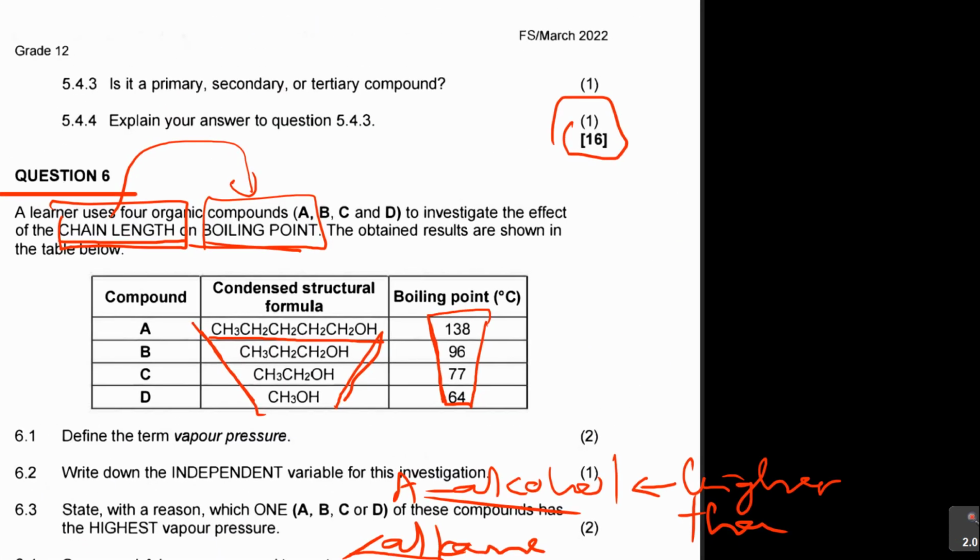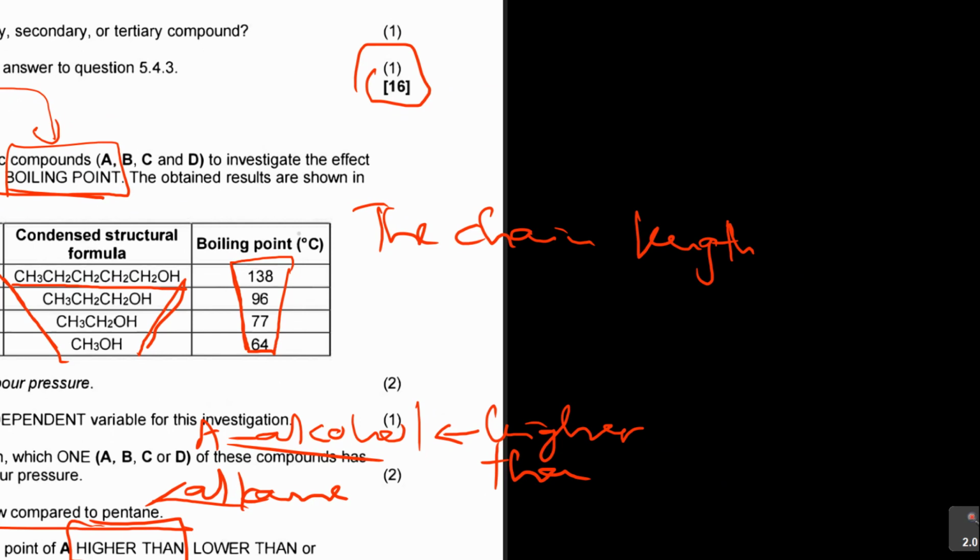You can say the general conclusion is that as the chain length decreases, the boiling point also decreases.